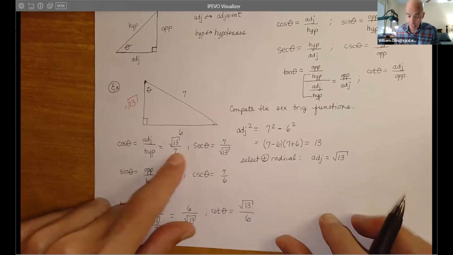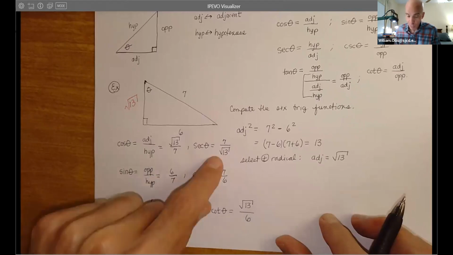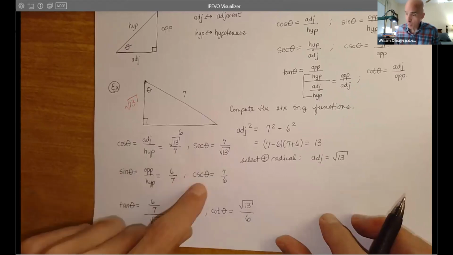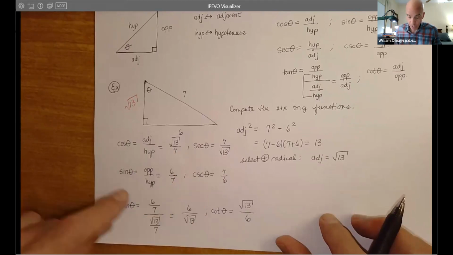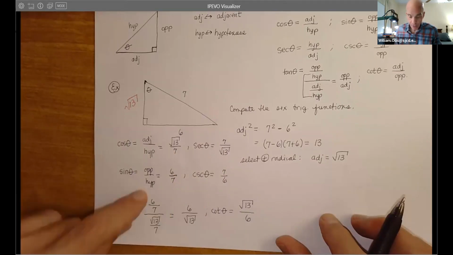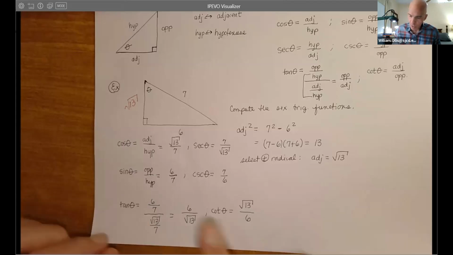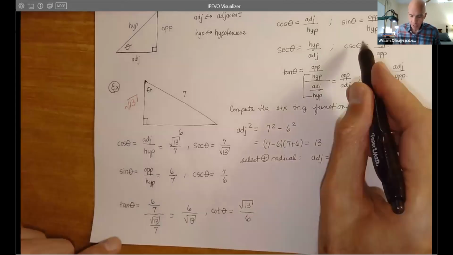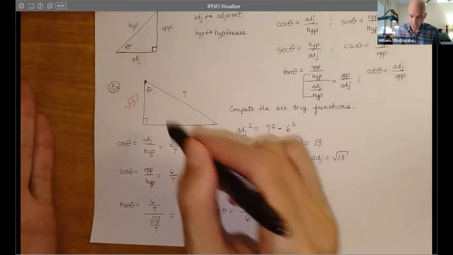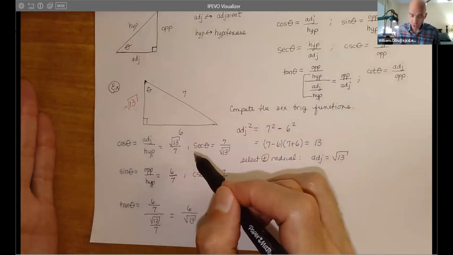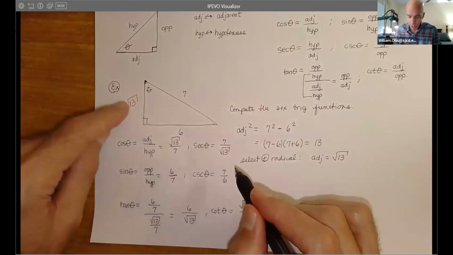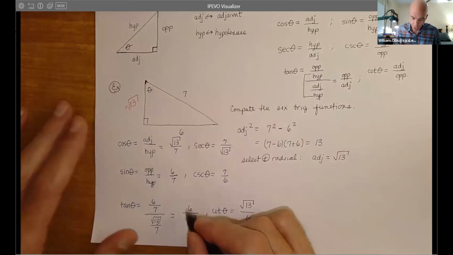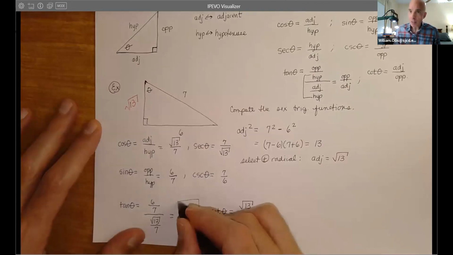So we have cosine root 13/7, sine 6/7, secant the reciprocal here, cosecant the reciprocal here, and then of course tangent, the sine over the cosine, or adjacent over hypotenuse. See, what I'm doing here is thinking of it this way, but you're thinking, well, I'll just do opposite over adjacent, we'll just do 6 over square root 13 directly.